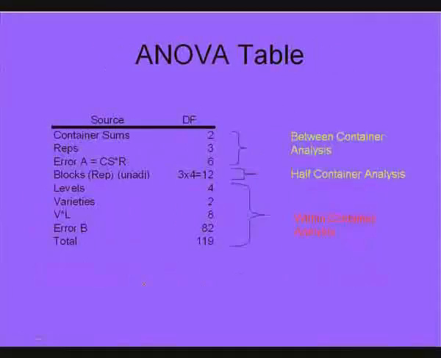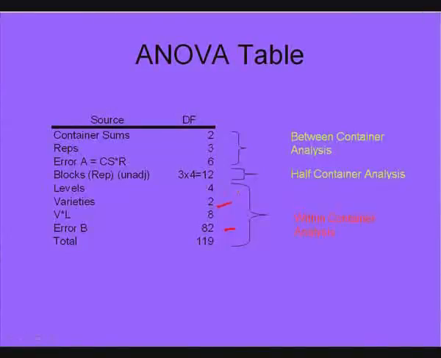And so if you look at the analysis of variance for that, the comparison between varieties now becomes also a subplot comparison because I have both varieties in the same coffee can. So now I've got 82 degrees of freedom with which to compare whether there's a difference in varieties or not. And that should give you a much more powerful test than one based on 6 degrees of freedom.